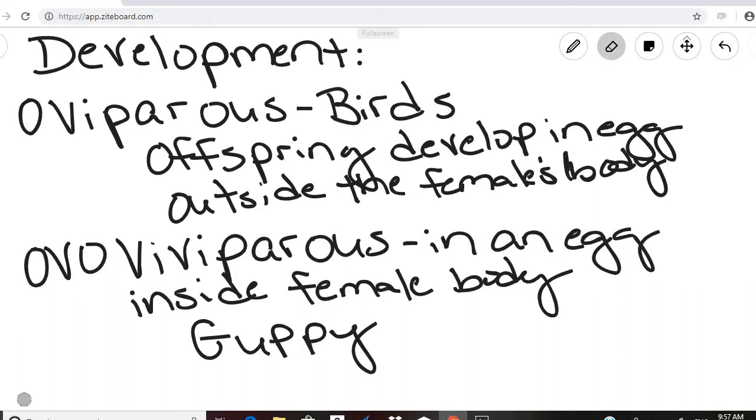Then the last type of development is called viviparous.